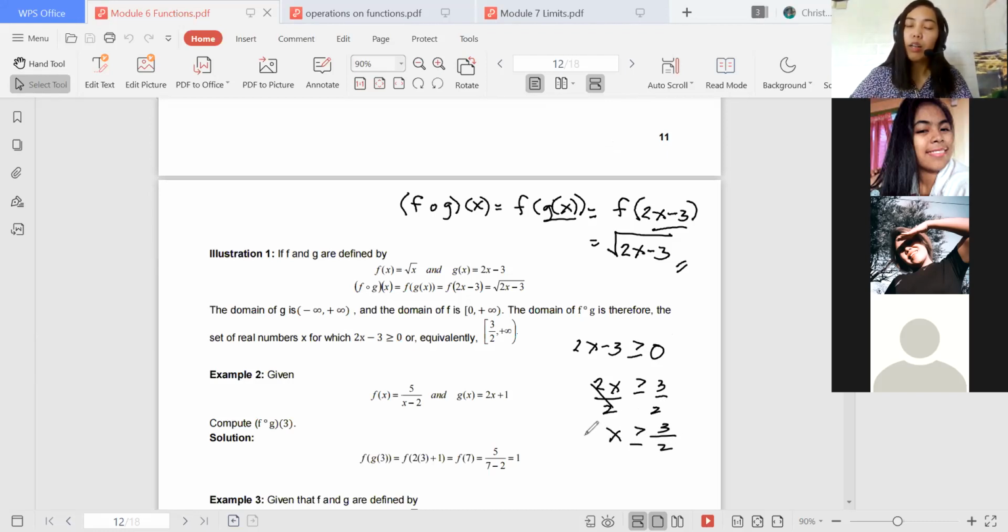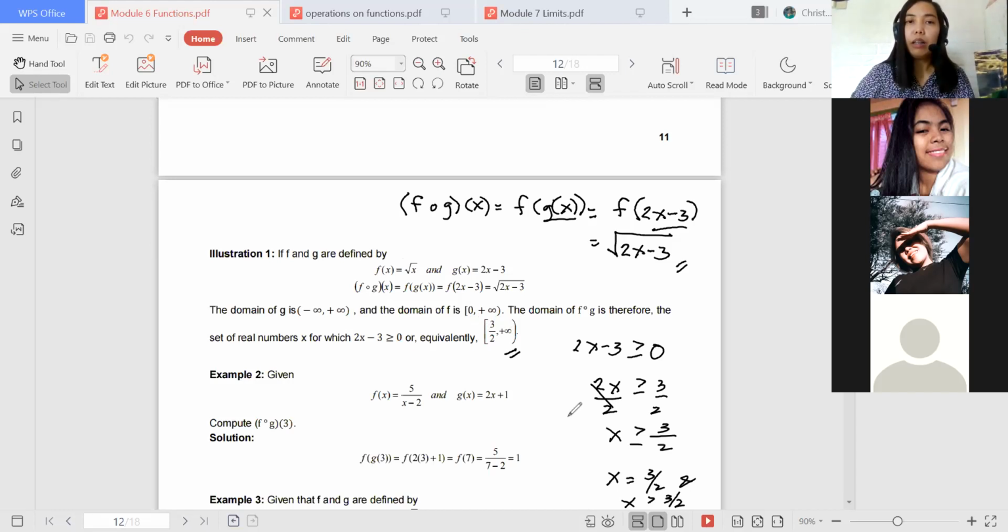X is greater than or equal to 3 halves means x is equal to 3 halves and x is greater than 3 halves. So when we write this in interval notation, ang pinakamababang value ni x ay 3 halves. Pataas kasi greater than. So this is the interval notation of that. Therefore, the domain of the resulting composite function is 3 halves up to positive infinity.